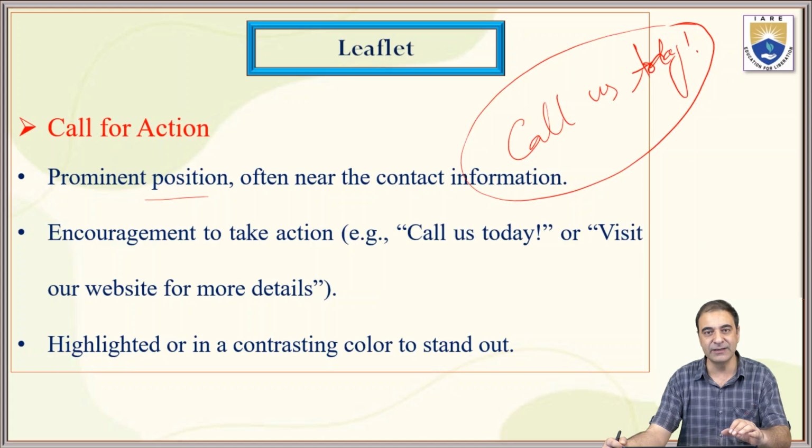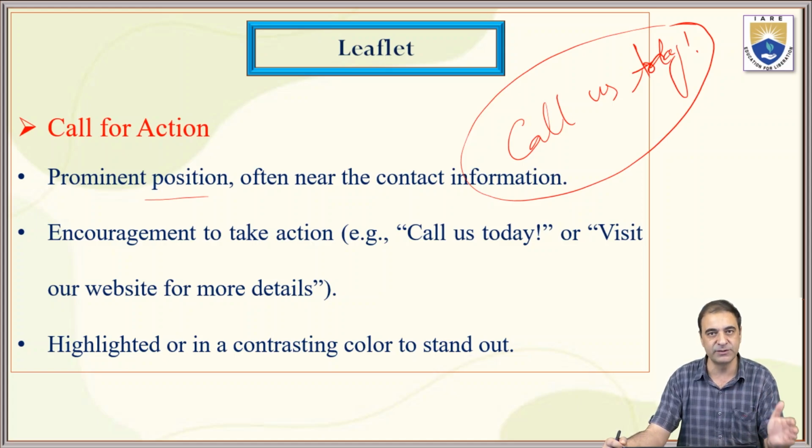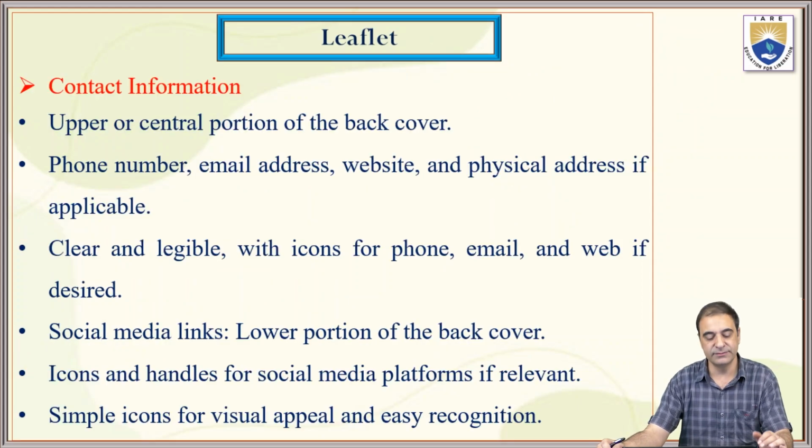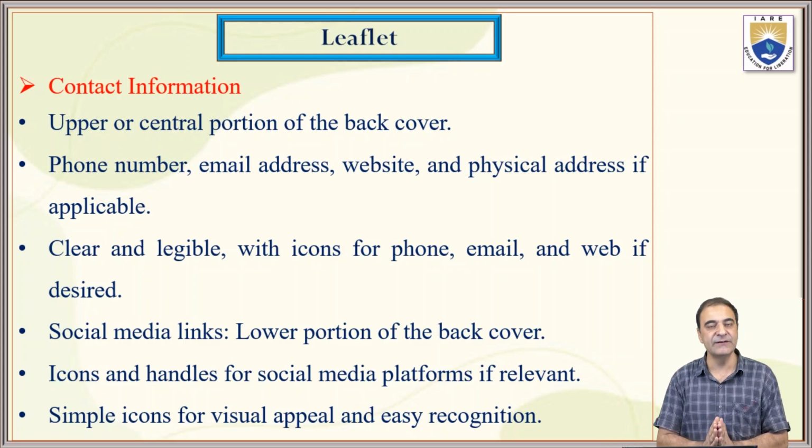For example, if the rest of the text is written in blue, we write that call for action in red color so that it can stand out from the rest of the text. And the next one is that it's followed by contact information. We provide this contact information in the upper or central portion of the back cover. That means we put this contact information at the last panel.